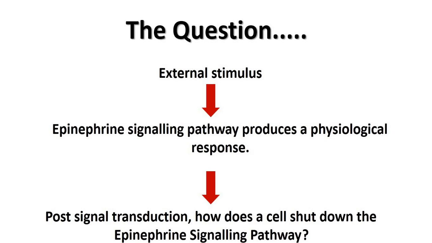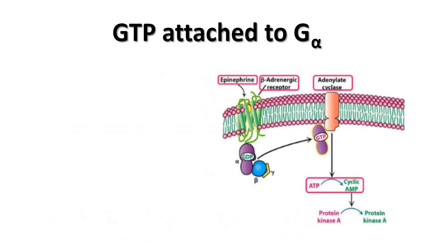In the diagram, there is an external stimulus. This external stimulus leads to GTP attached to G alpha. As you can see, the GTP is attached to the G alpha protein, after the exchange takes place.